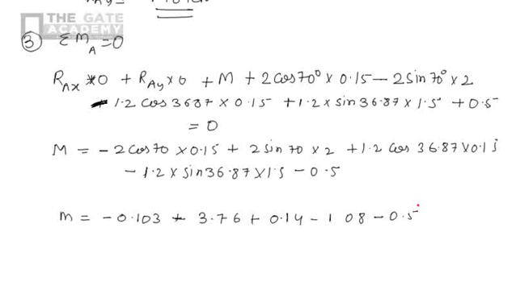So if we recalculate all these things: minus 0.103 plus 3.76 plus 0.14 minus 1.08 and minus 0.5, we will get the value of M as 2.217. It comes positive, so it means it is in clockwise direction.